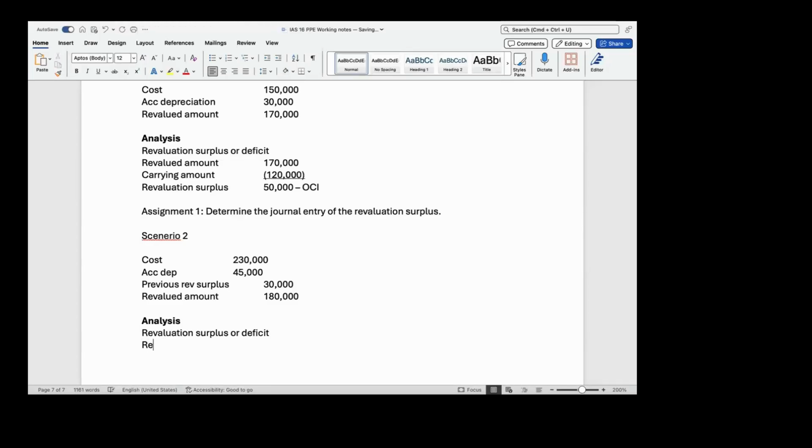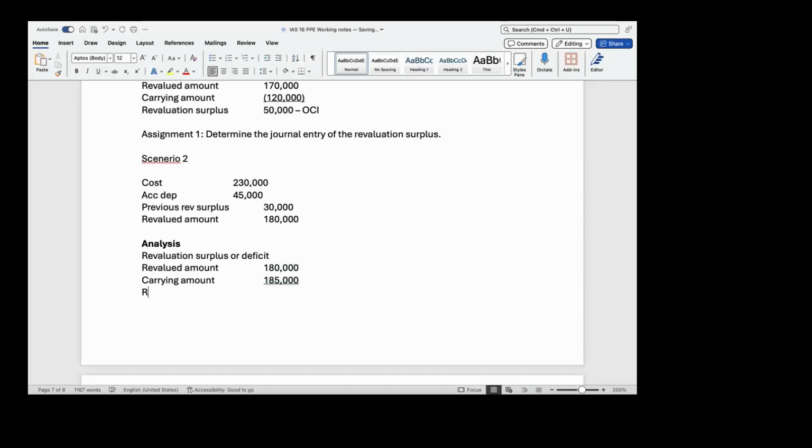To do that, you compare our revalued amount, how much is it? 180,000, with our carrying amount. How much is our carrying amount in this case? 185,000. What do we have? Revaluation surplus or deficit? Deficit of 5,000. We will have a revaluation deficit of 5,000.